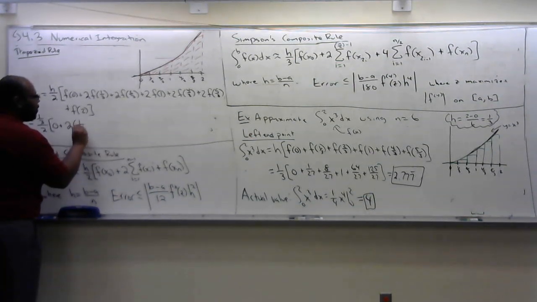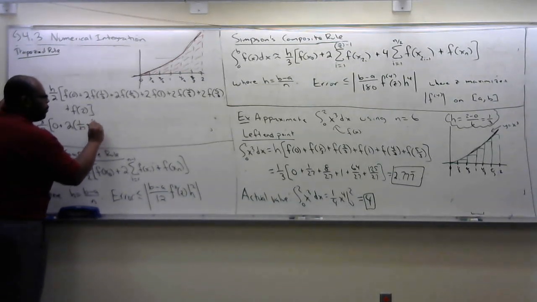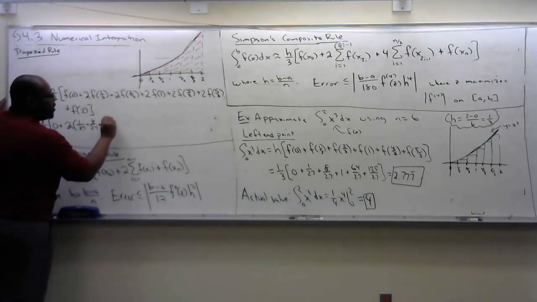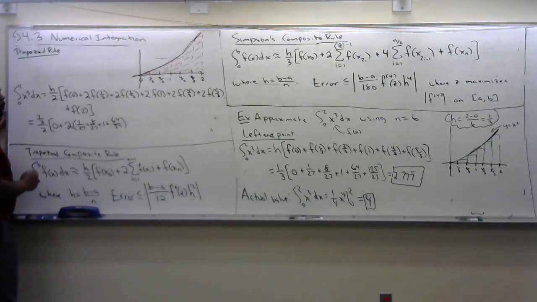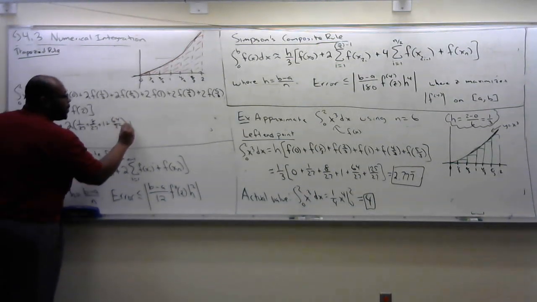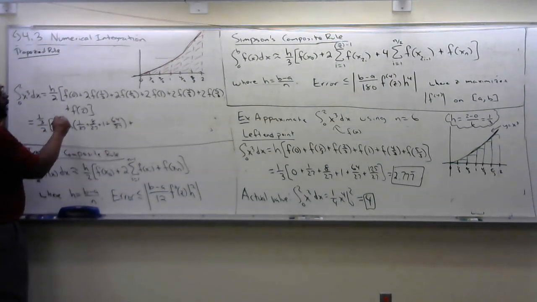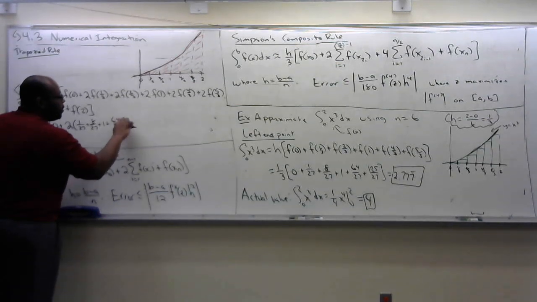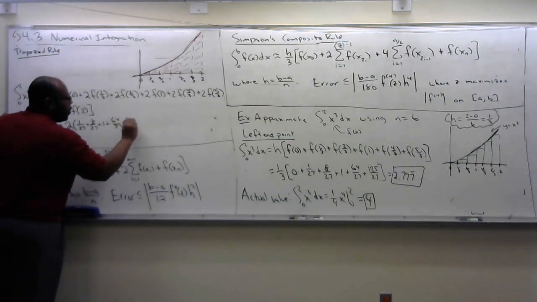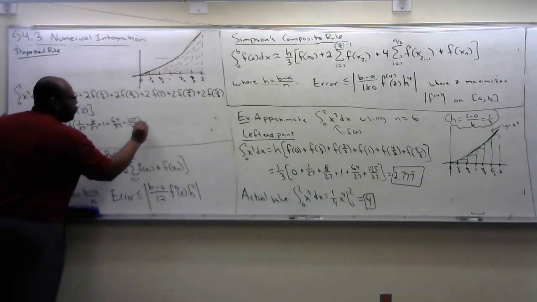1 over 27 plus 8 over 27 plus 1 plus 64 over 27. All those interior points are multiplied by 2, plus we have plus 125 over 27. Plus f of 2.